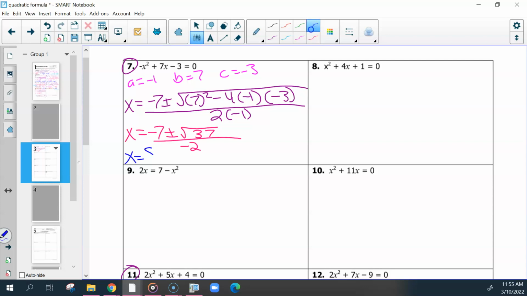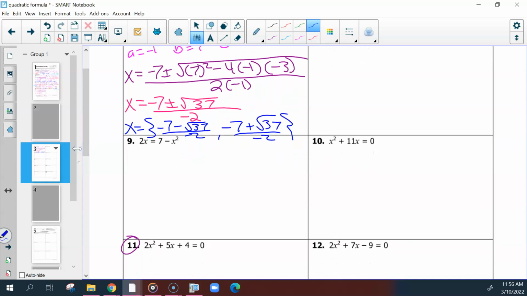So x equals -7 minus the square root of 37, all over -2, and -7 plus the square root of 37 over -2. Questions on that one?